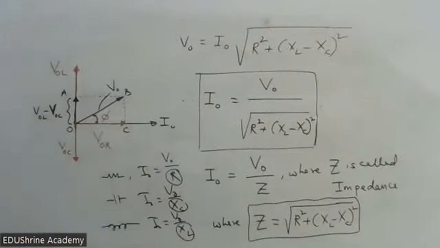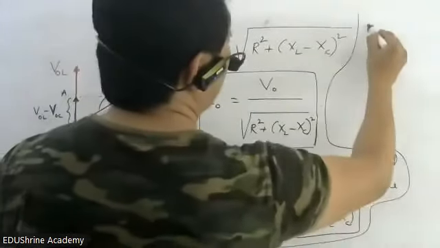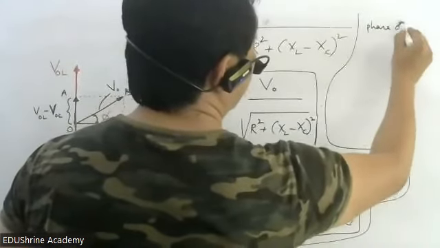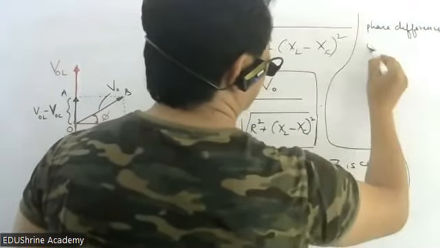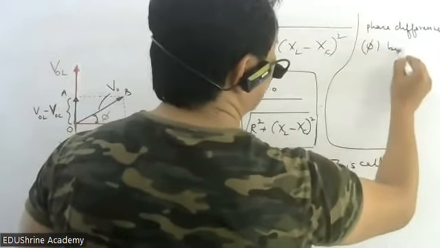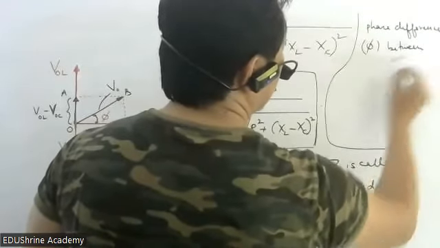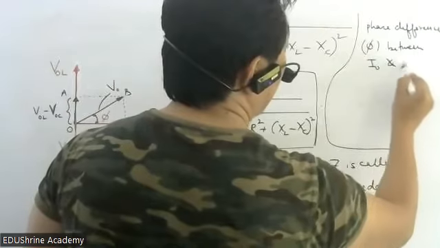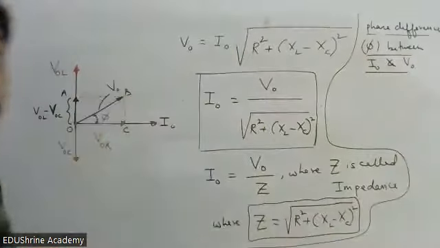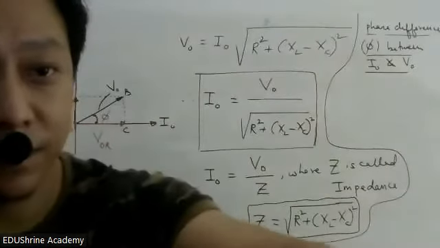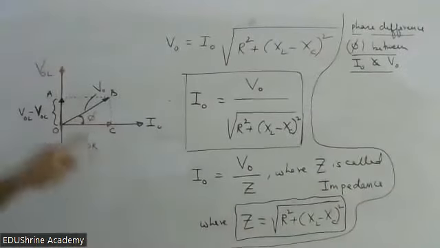First you write this. Now I will derive the formula for the phase difference phi between current I naught and voltage V naught. Remember, applied voltage, the resultant voltage. How to find this phase difference?